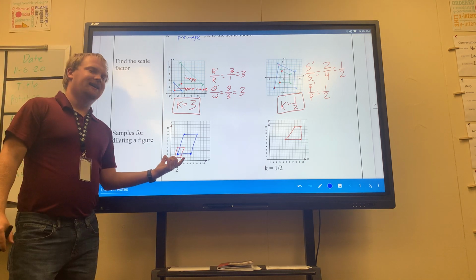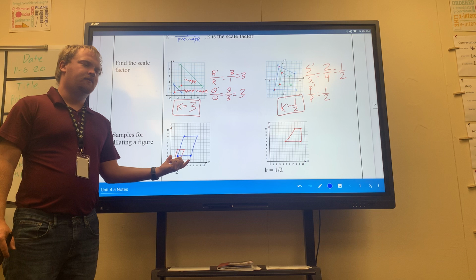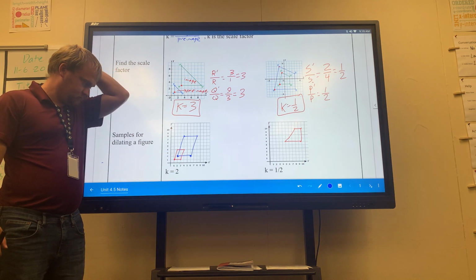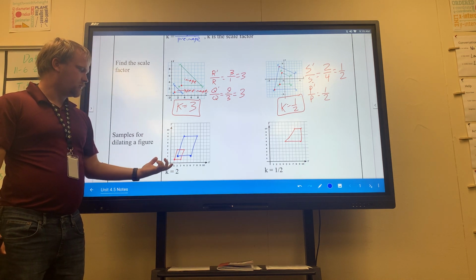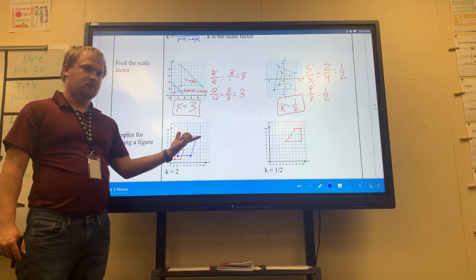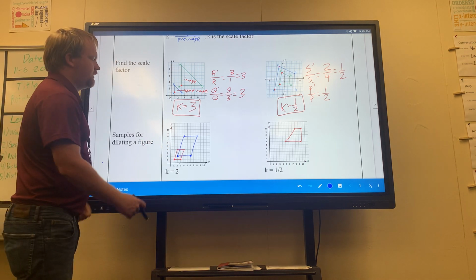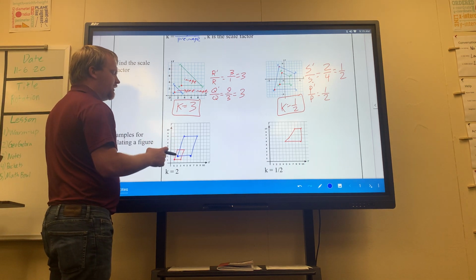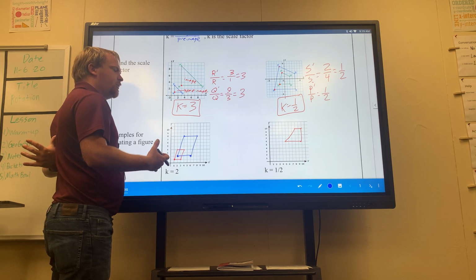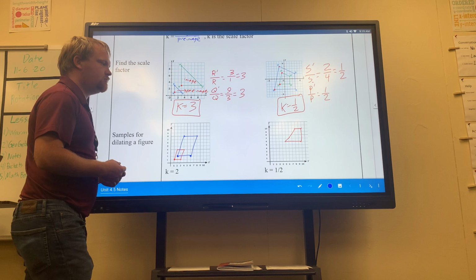So this is what my dilation of the figure will look like. But the scale factor is 2, so it's getting bigger. And of course it's also going through some of this. That's perfectly fine. There's nothing wrong with that, just as long as you get the points right and the enlargement.